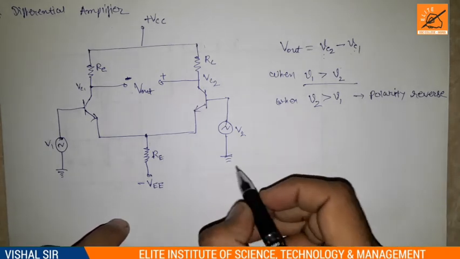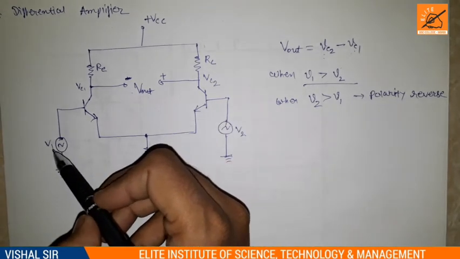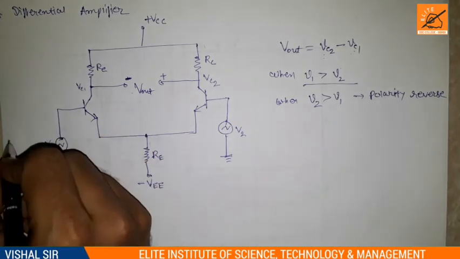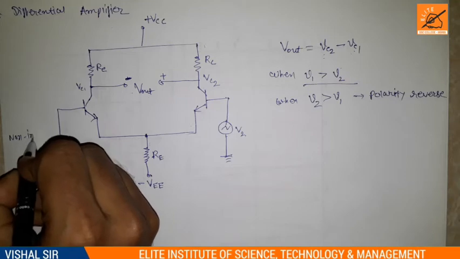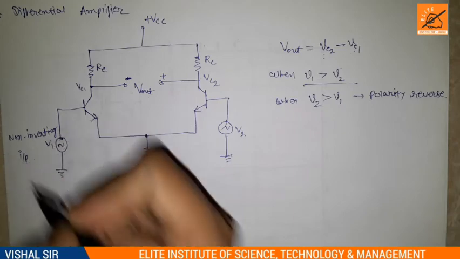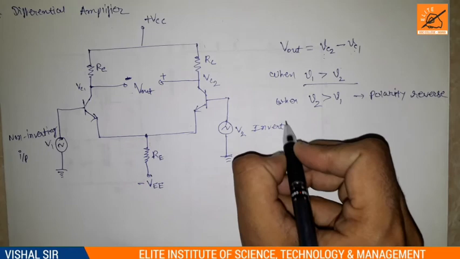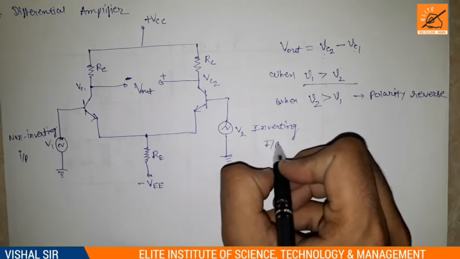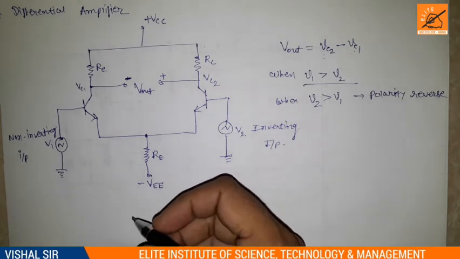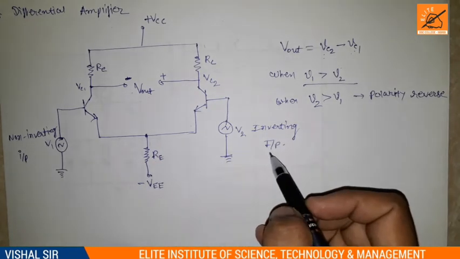The differential amplifier of this figure has two separate inputs. Okay, input V1 is called the non-inverting input, and V2 is known as the inverting input. Okay, so why is it known as non-inverting and why is it known as inverting?